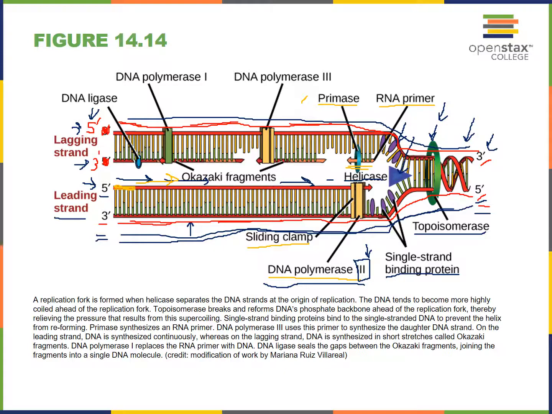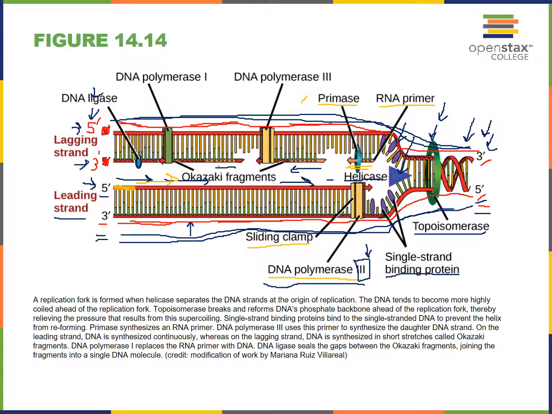Okay, so on the other side of this fork, where we're using this template strand, which is 5' on the left and 3' on the right, that means the DNA is going to have to be synthesized in this direction.